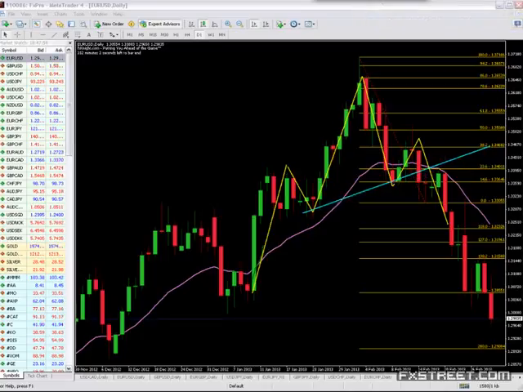I like to connect the necklines, okay, straight across. And then, notice what price does. It breaks below the neckline, it comes back up, tests it as resistance. See that? We don't just break and drop the neckline, we retest it as resistance.